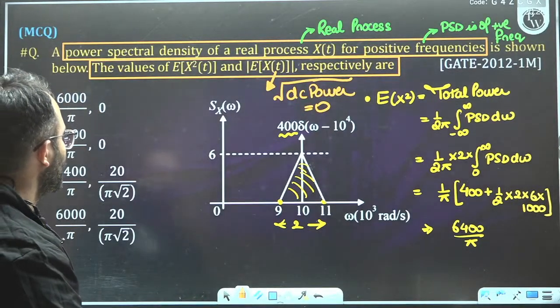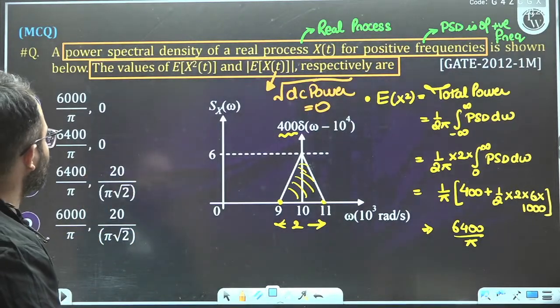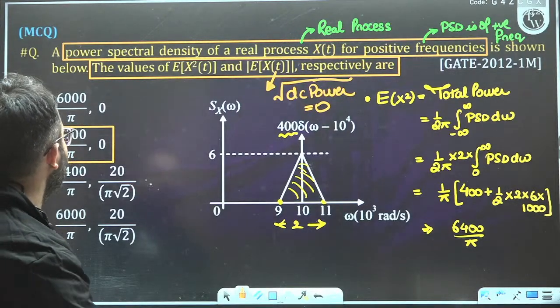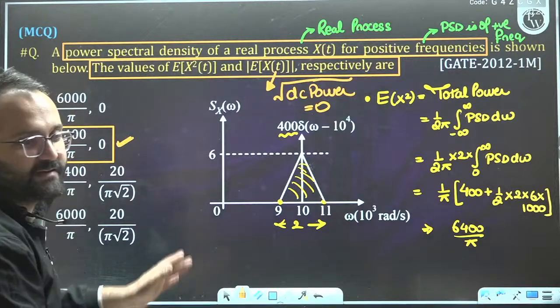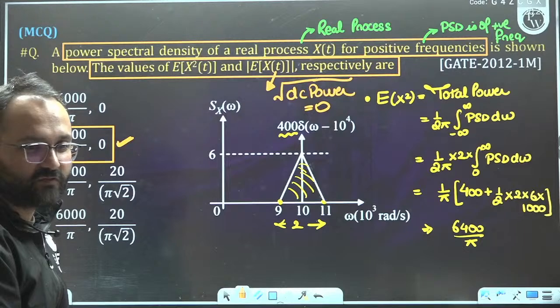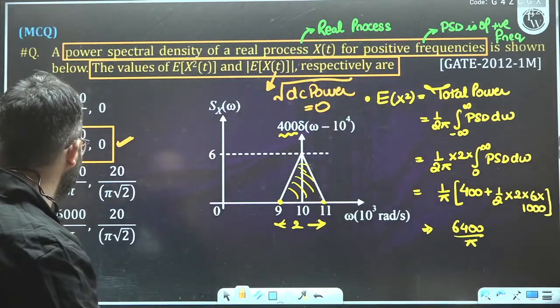Okay, so there is no DC power. The total power expectation of x square is 6400 divided by pi. B is the correct option. It is very important to include the negative frequency part also, because positive and negative both are present in power spectral density. Okay, I hope all of you are able to see.